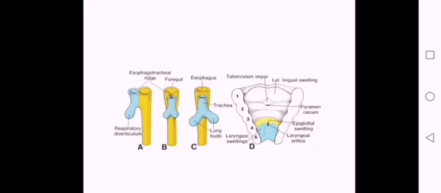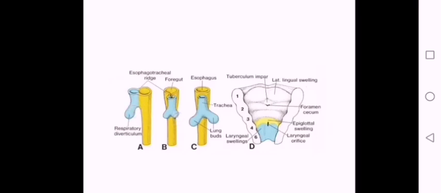So it lies ventral to the future esophagus, and as this diverticulum elongates, it becomes invested in, or invades, the surrounding splanchnic mesenchyme. Like here, this is the beginning of the respiratory diverticulum.